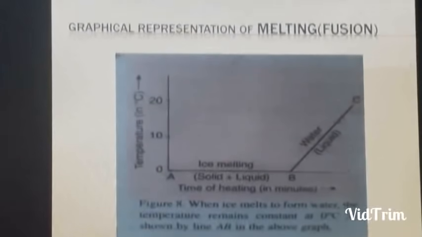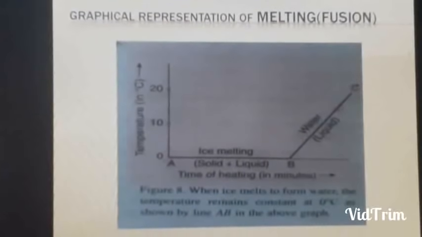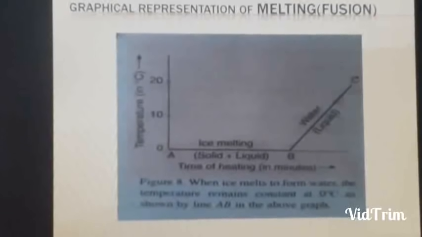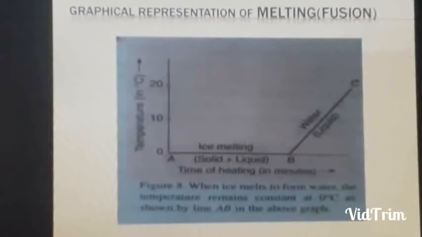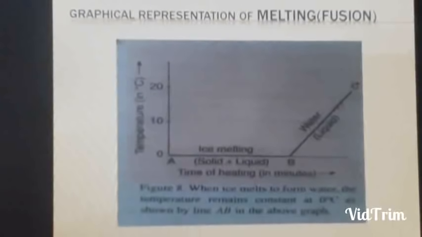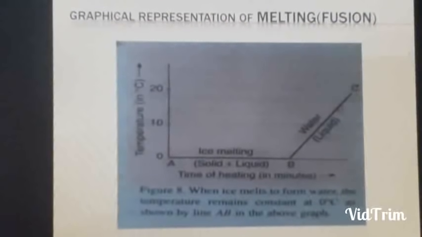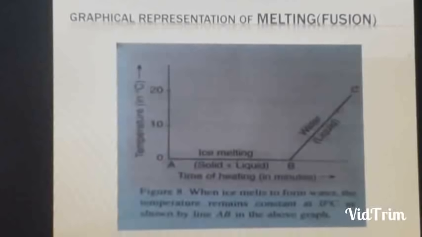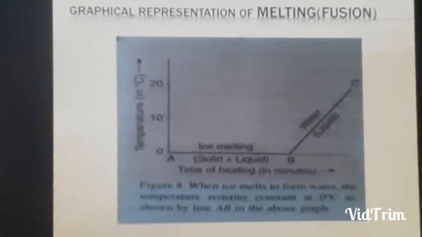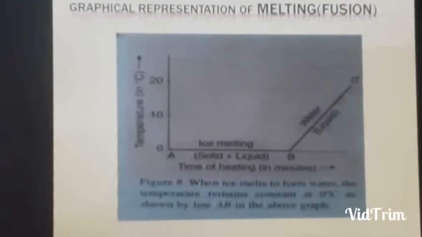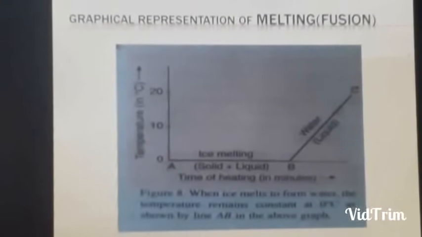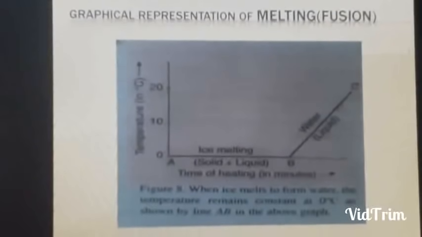So there is no rise in the kinetic energy, only overcoming the forces of attraction. And who is doing this? The supplied heat. Correct. The supplied heat is used only to overcome the force of attraction and not to increase the kinetic energy of the particles, right? Now this process will continue. The thermometer will maintain the temperature at 0 degrees Celsius till the whole of the ice gets liquefied.